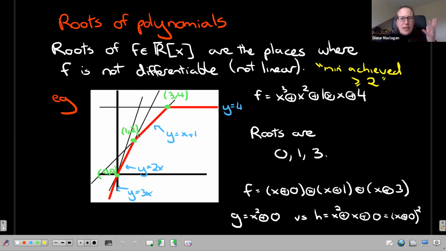And that should make you at least a little happy, right? We've got a cubic polynomial and we've got 3 roots. In this case, the roots are 0, 1, and 3. And you can check, this is an exercise to check that you have understood what the tropical operations are, that this polynomial actually factors as x plus 0 times x plus 1 times x plus 3.